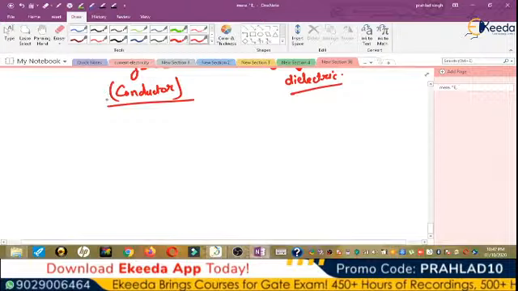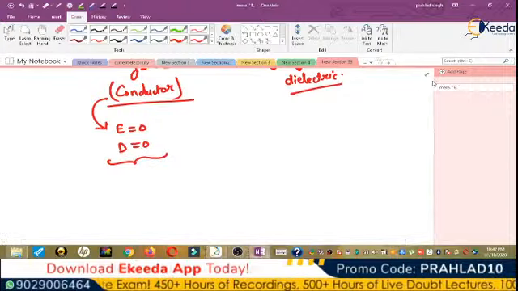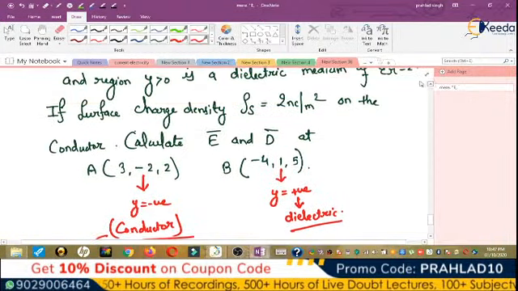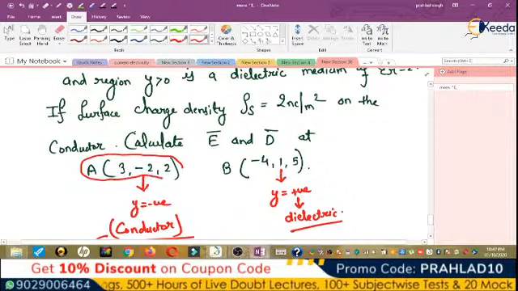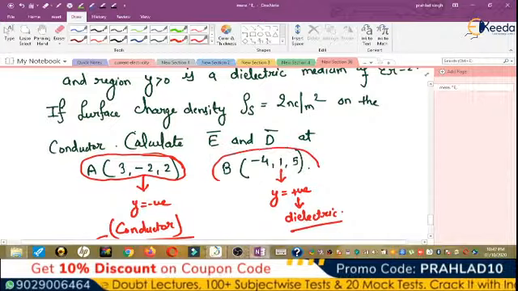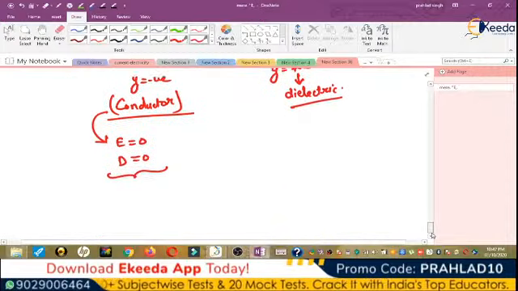So inside the conductor, electric field is 0 as well as flux density is 0, because y is negative here, and this point is in dielectric.